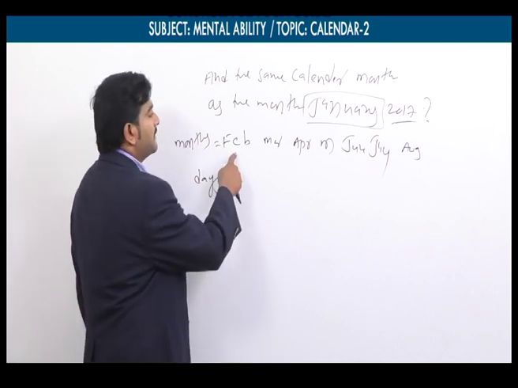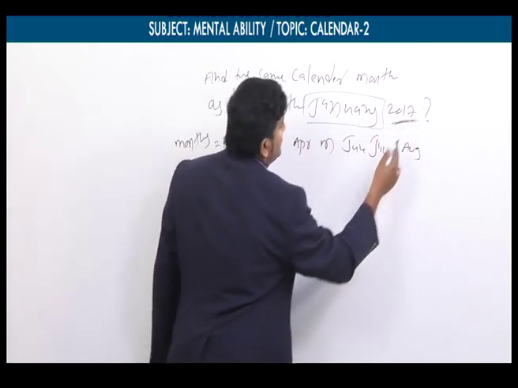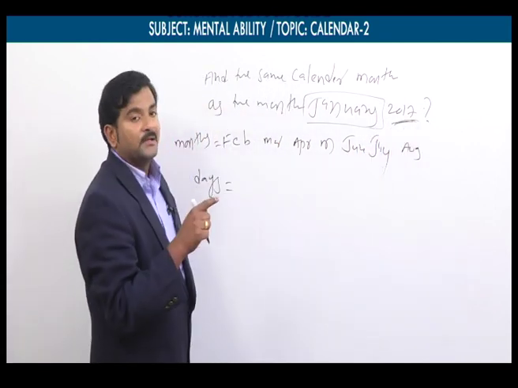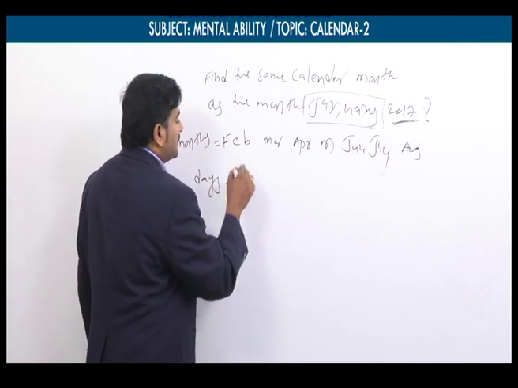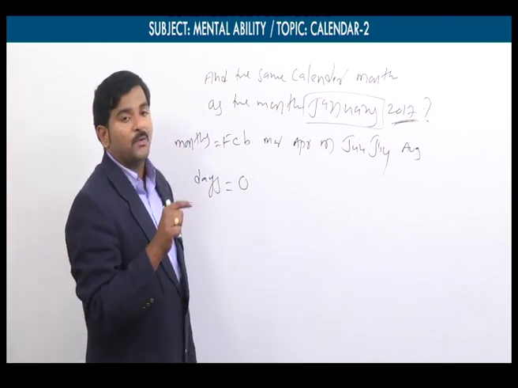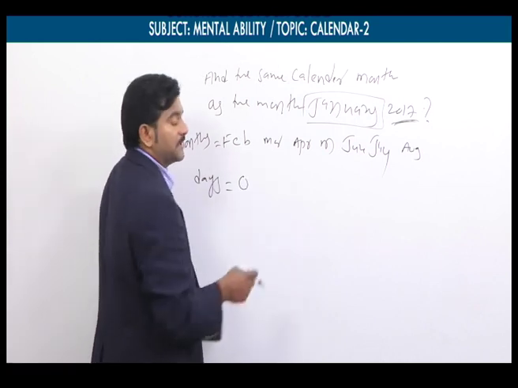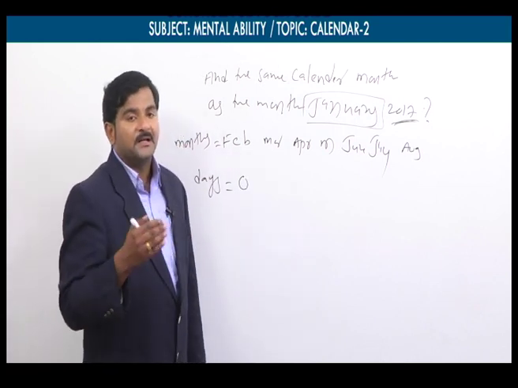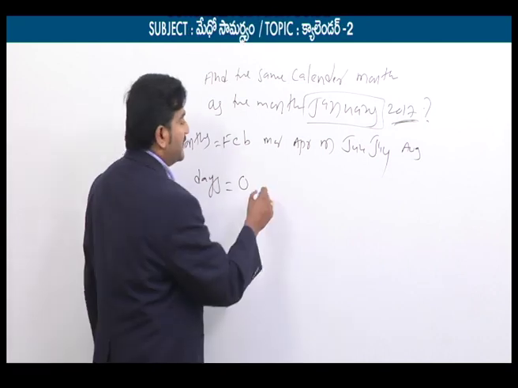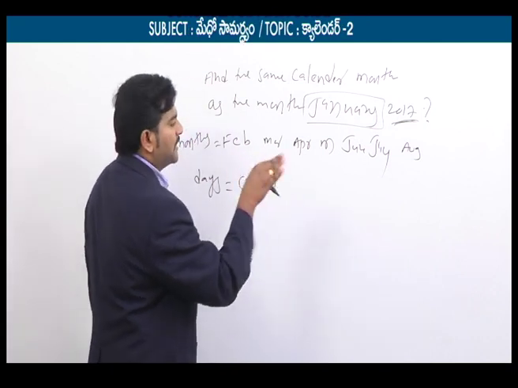If you take February month, since 2017 is a non-leap year, we are having 0 odd days, because this month is having 28 days. 28 is divisible by 7, I am getting remainder 0. If you take March month, it is having 31 days, dividing 31 by 7, how much remainder do I get? 3. You know this concept already, from previous concepts.